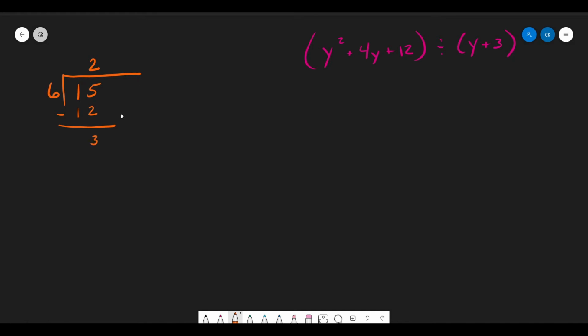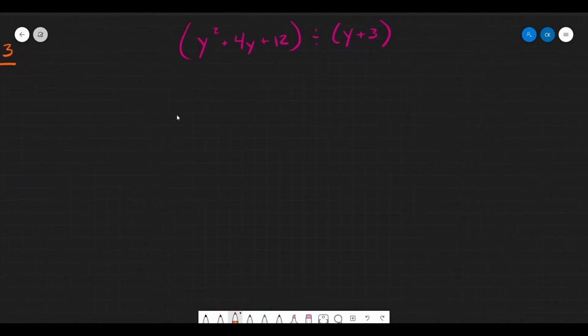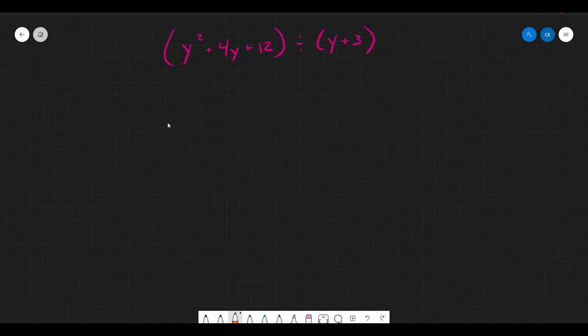And then if there was a number here, we would drop that number down. But in this case, there is no number. So then we would say, okay, how many times does 6 go into 3? It doesn't. And I'm talking about back in real elementary school, before you knew that you could put decimals in this, we would put remainder 3. So 15 divided by 6 would be 2 remainder 3. I want you to keep this in mind because this is how we're going to do this problem.